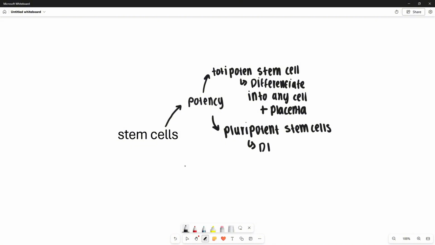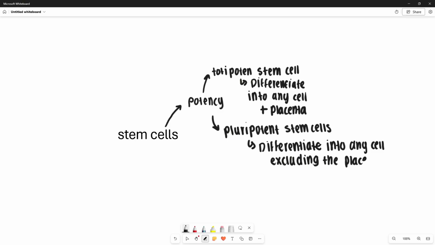They differentiate into any cell excluding the placenta. That is a very important difference between a totipotent stem cell and a pluripotent stem cell.